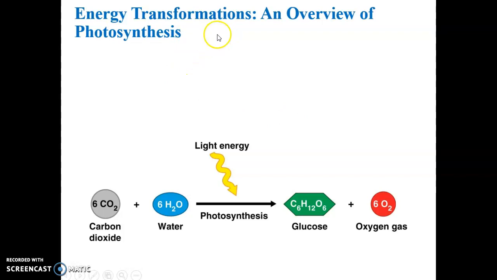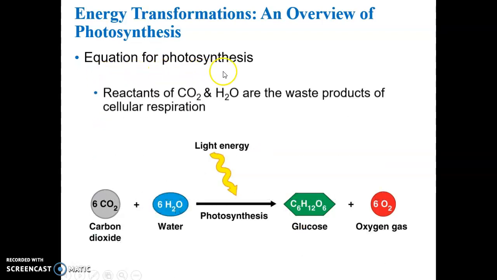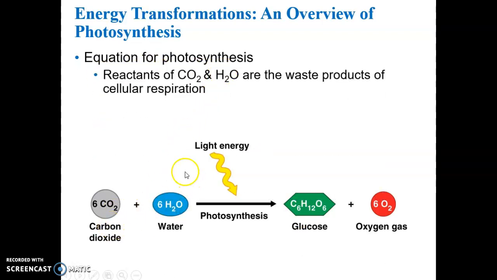So let's look at the energy transformations that occur in photosynthesis. Okay, so look at the word photo for light energy, and synthesis is to produce or to make something. Sugars. So the overall equation for photosynthesis, the reactant starting molecules, carbon dioxide, CO2, water, H2O, and then the products, glucose or carbohydrates, right?